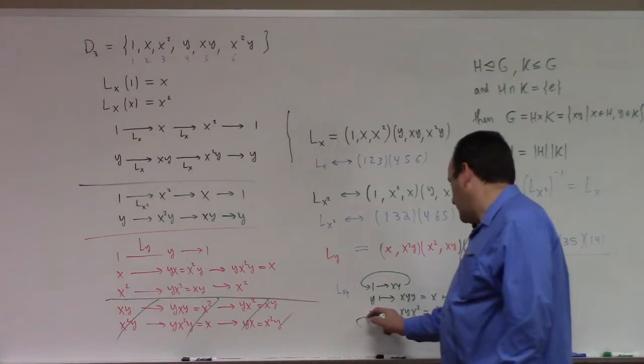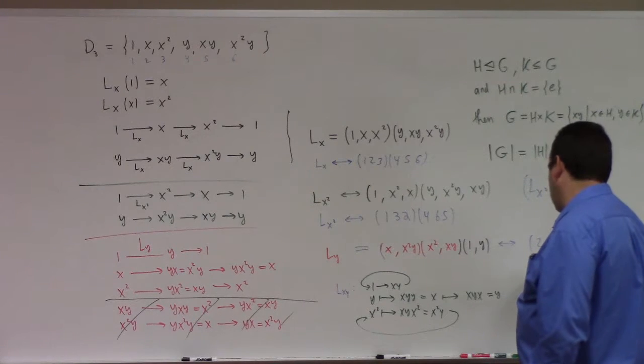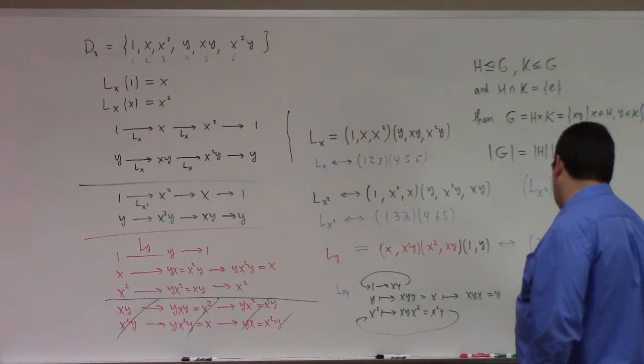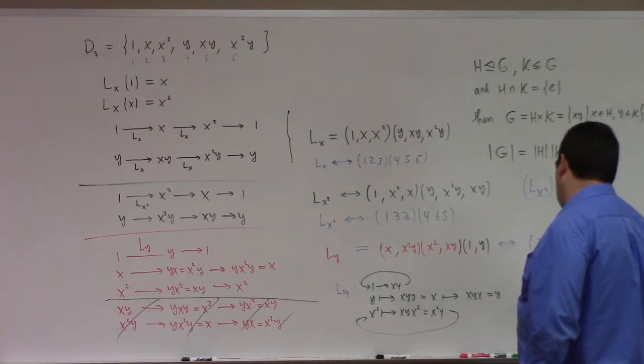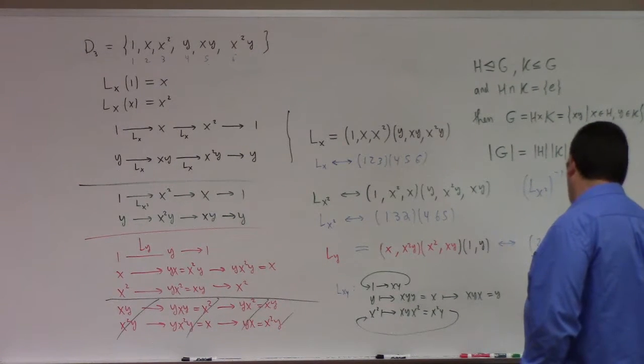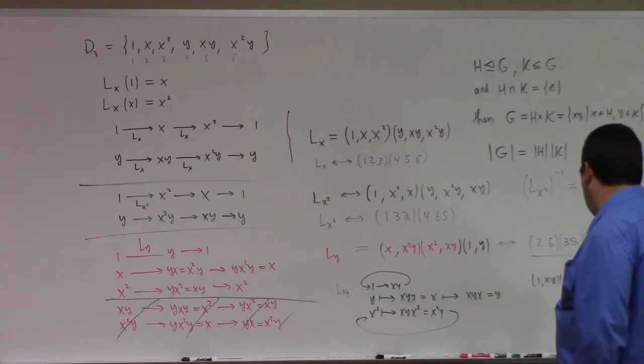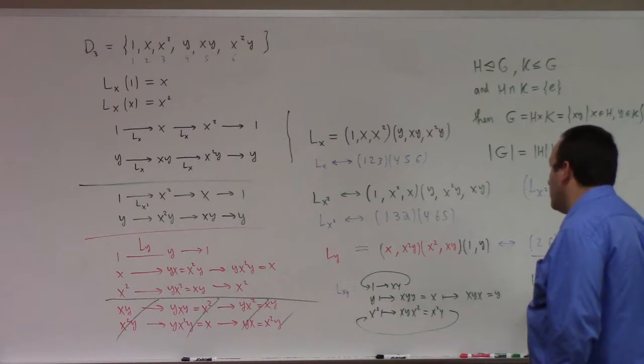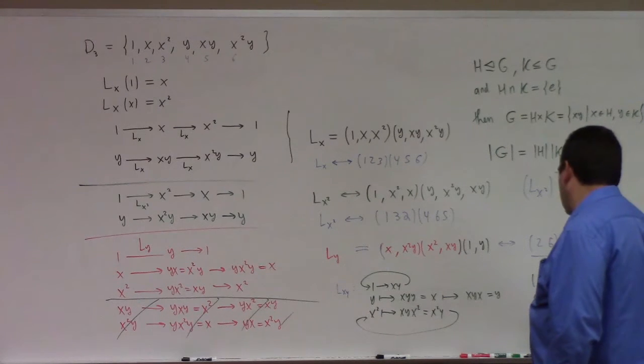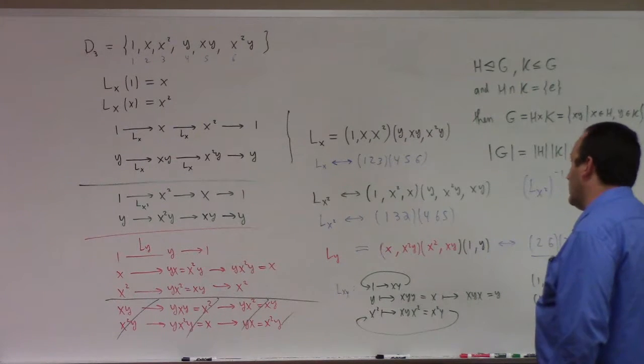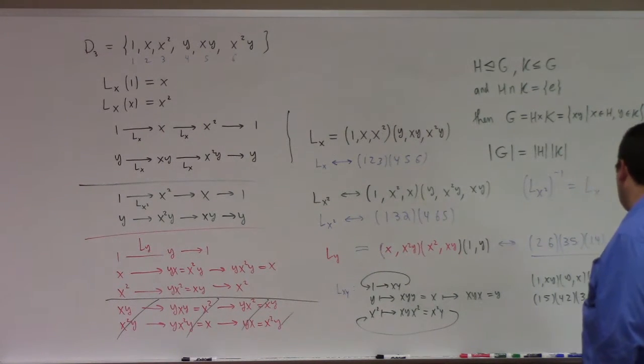And then that must go back here again. So this one is really 1, xy, y, x squared y, aka 1, 5, 4, 2, thank you, and 3, 6, yeah.